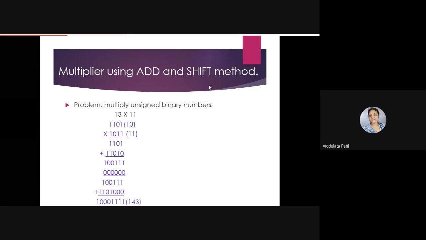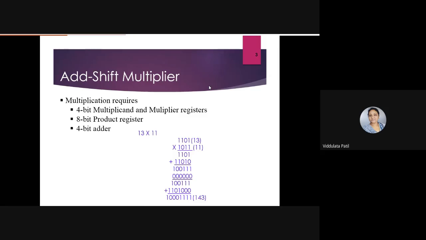For that, what do we require? As here we are going to consider a 4-bit multiplication, we are going to consider a 4-bit multiplicand as well as a 4-bit multiplier. So we will require 4-bit registers to store the multiplicand and multiplier.